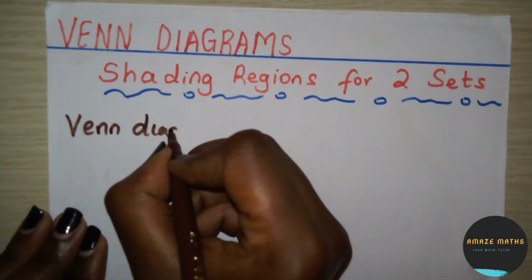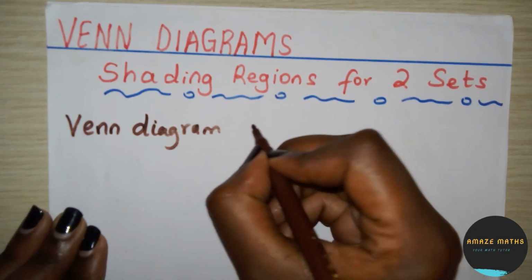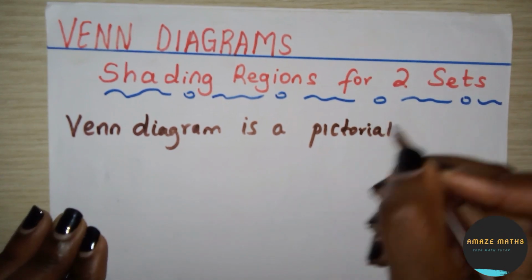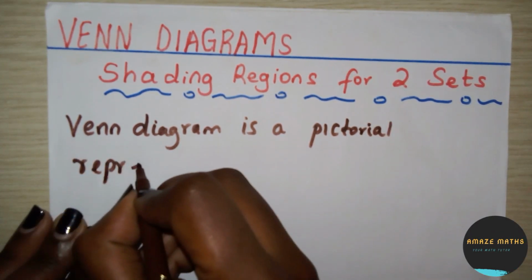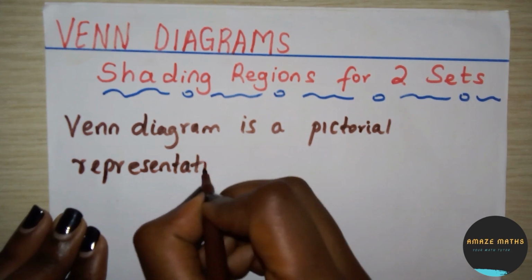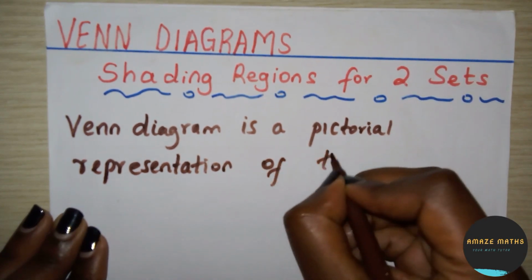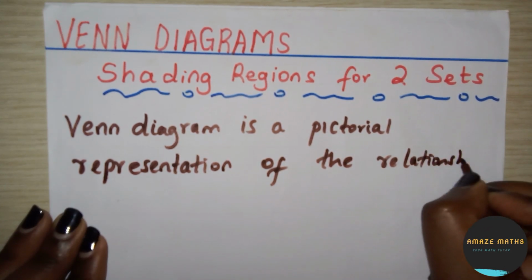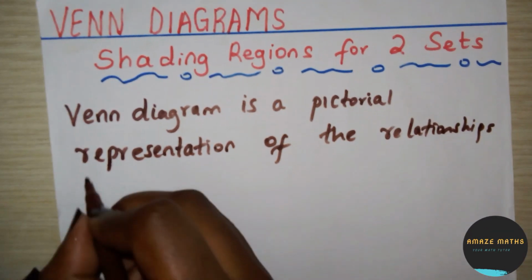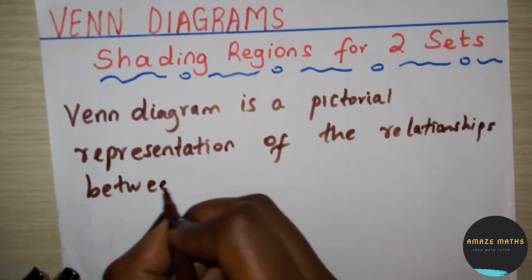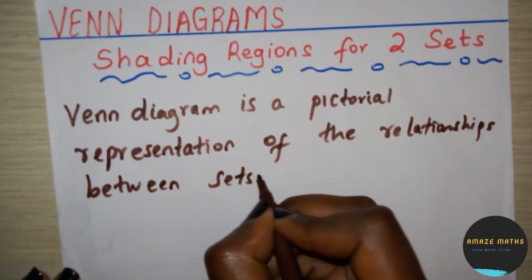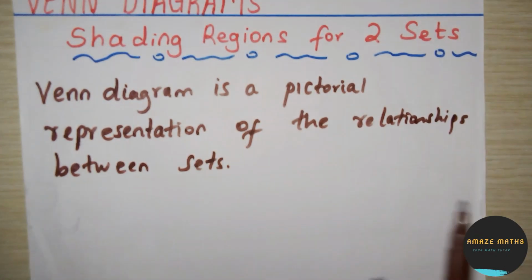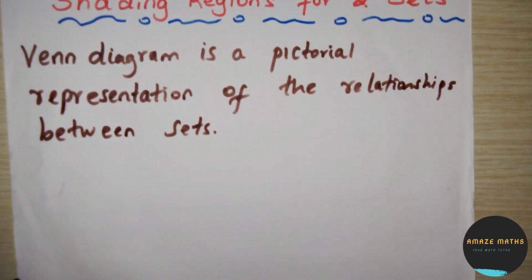A Venn diagram is a pictorial representation of the relationship between sets.